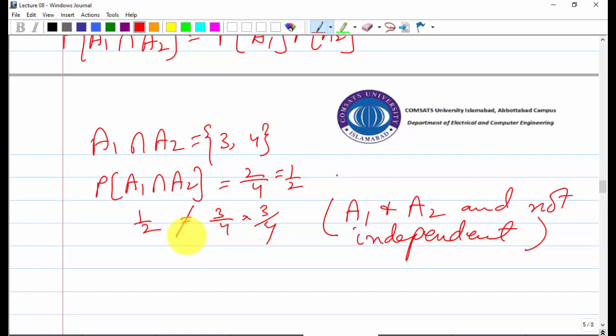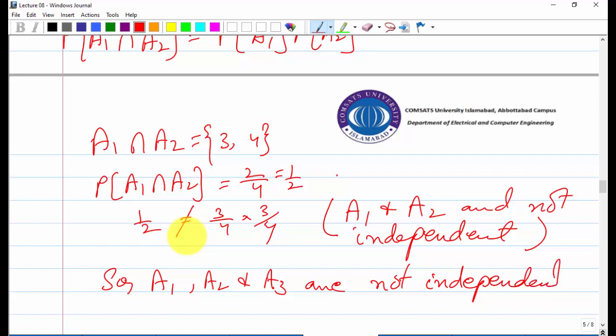So by definition, A1, A2 and A3 are not independent events.